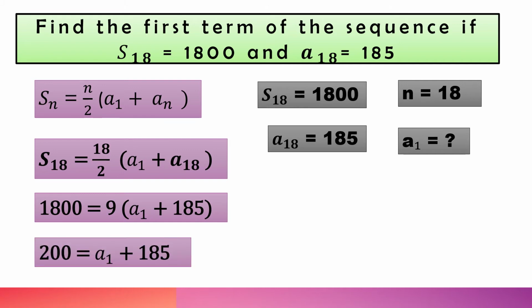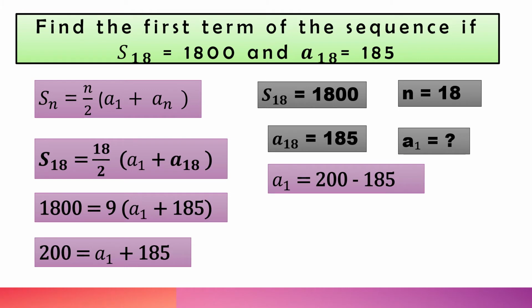Dividing both sides by 9, we will then have 200 is equal to A sub 1 plus 185. Applying the addition property of equality, that is equal to A sub 1 equals 200 minus 185. Therefore, our A sub 1 is equal to 15.